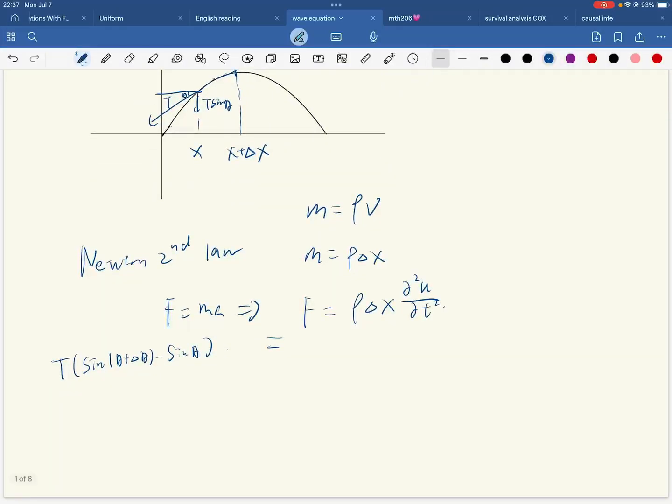And since when delta theta is very small, when theta is very small, we could write this as tangent. And actually, tangent theta is just the slope of the line, and slope here is just a partial derivative.